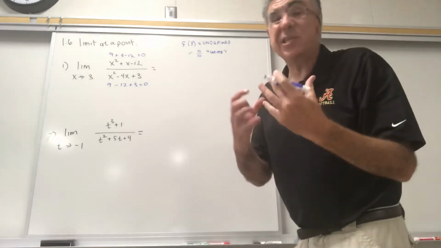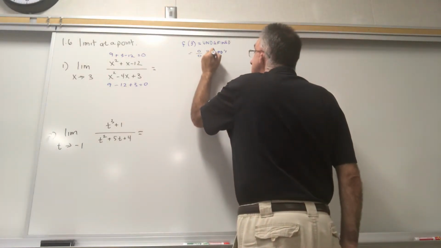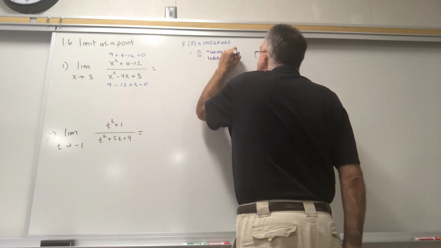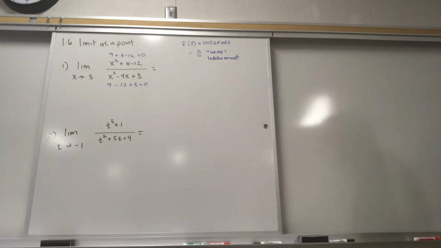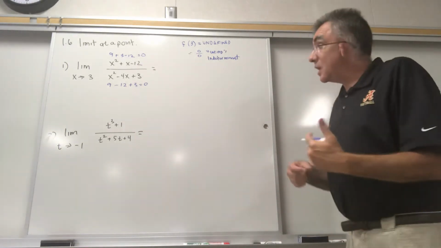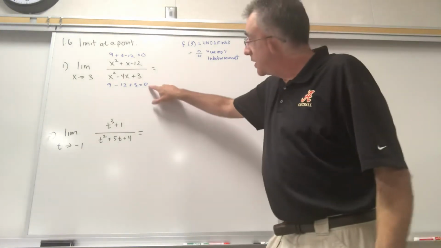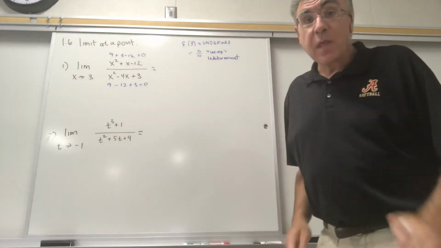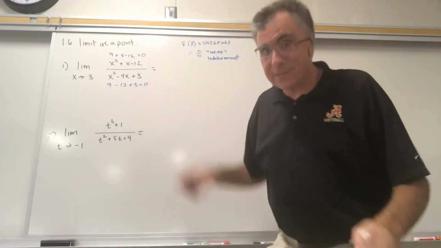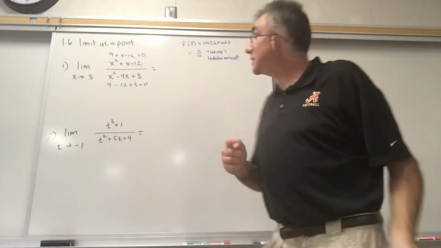This is called indeterminate. I hope I spelled that right. It's indeterminate, okay? And if you remember what I talked about before about calculus being really concerned about dividing by 0, we're going to try to find an answer to this question, even though we can't. Okay, I know that's kind of weird, right? But hopefully at the end you'll see that, oh yeah, I guess that makes sense.